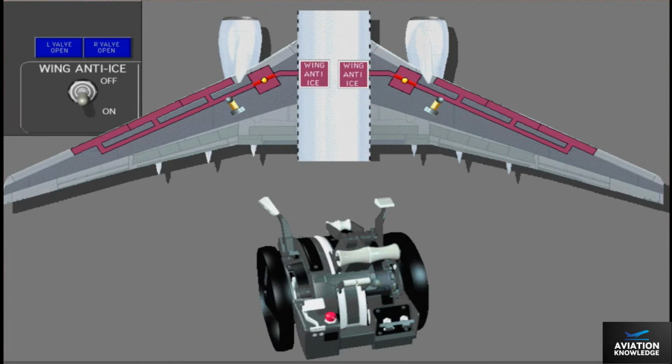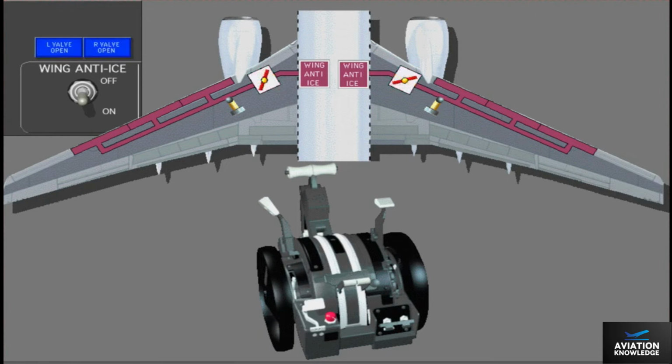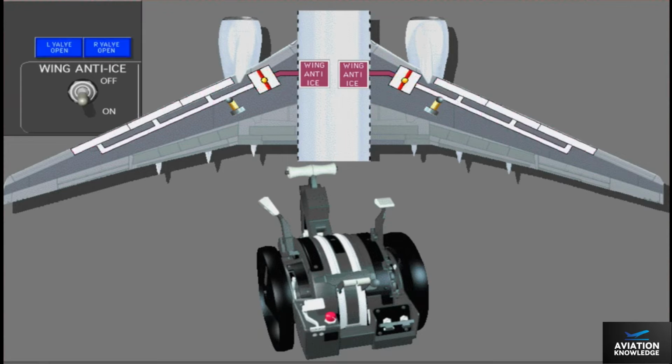Now advance the thrust levers. Both valves close when the thrust on either engine is more than the takeoff warning setting. Now retard the thrust levers.